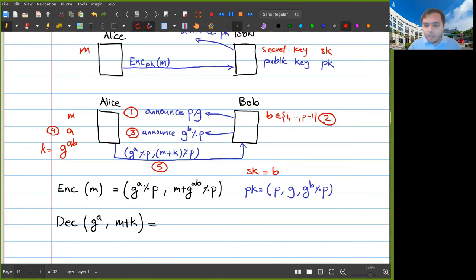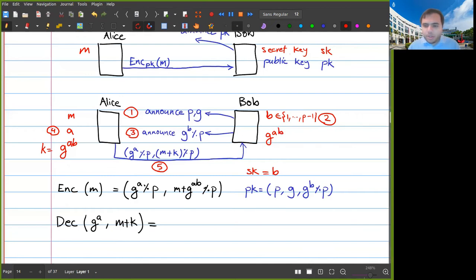Okay, what can he do? Well, G to the power of B is public knowledge, right? And G to the power of A is also now given to Bob by Alice, and Bob knows B. So Bob just takes this G to the power of A, which was given to him by Alice, and raises it to the power of B, so he gets G to the power of AB.